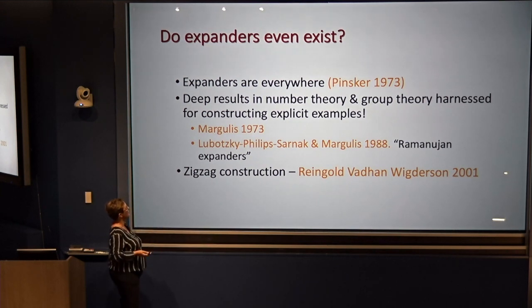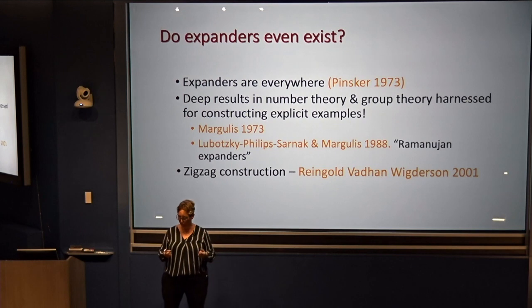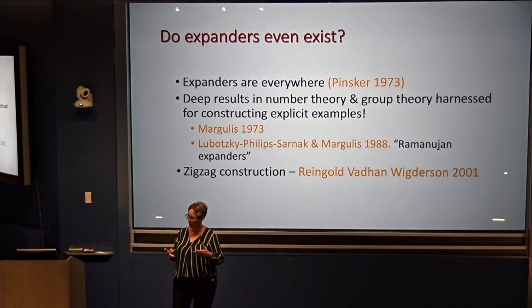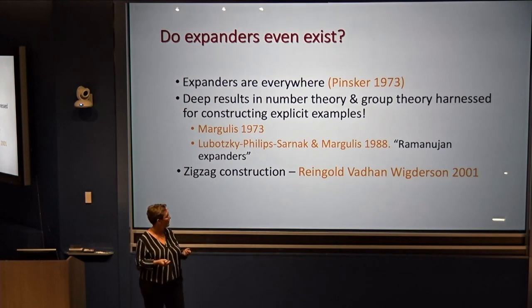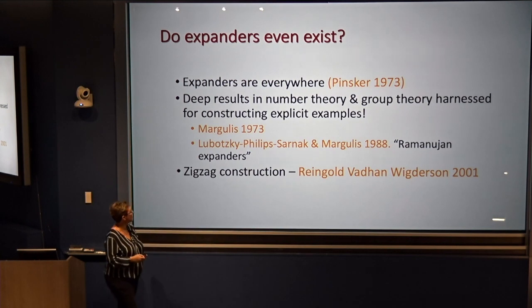And this is a very celebrated result, and a lot of further works use these constructions because even though proving that they have the properties is very difficult and requires deep mathematics, using this graph is very easy because the description is so explicit. You get a Cayley graph, you get a bunch of generators, so it means it's very easy for you to compute, if you're here in some vertex, who is your neighbor. It's super easy, so it's very useful.